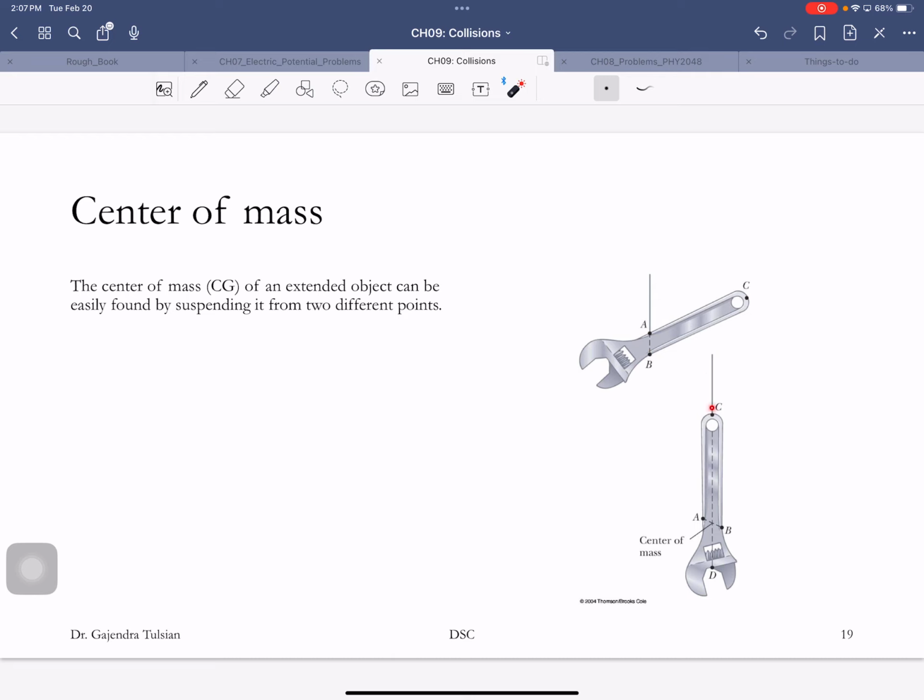Then you hang it from here, and the center of mass is on that line. So the intersection of the 2 lines gives you the center of mass. Of course, for a 3D object, let's say a rock, you would have to hang it from 3 different points to get the intersection of 3 lines.